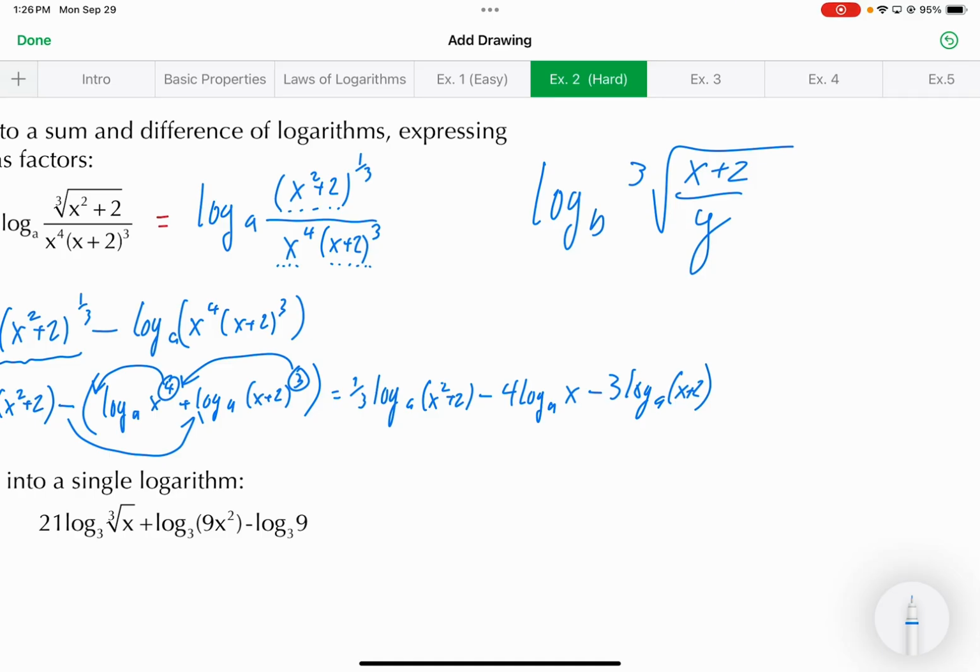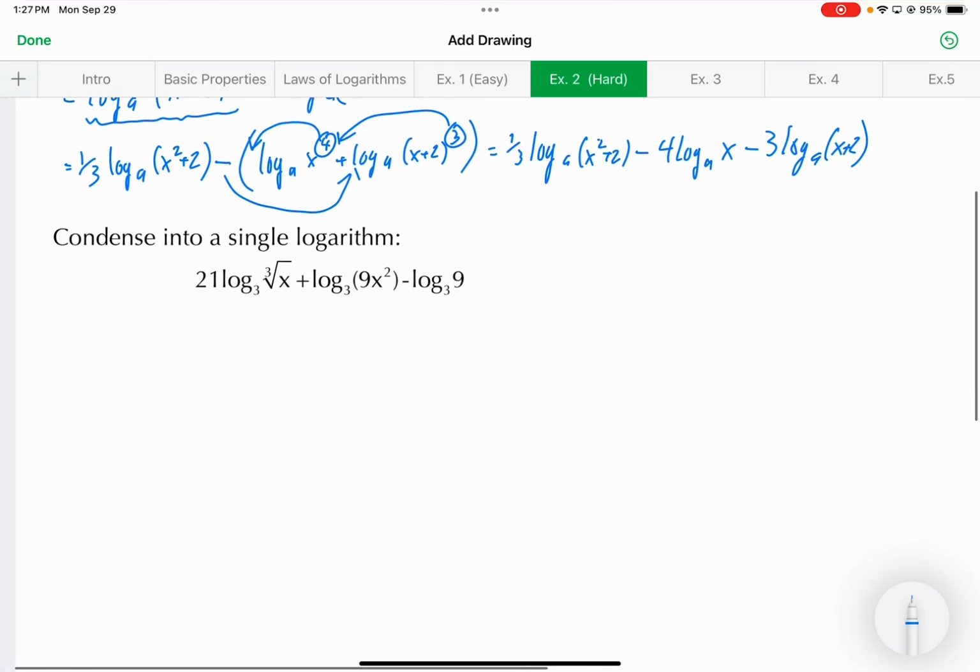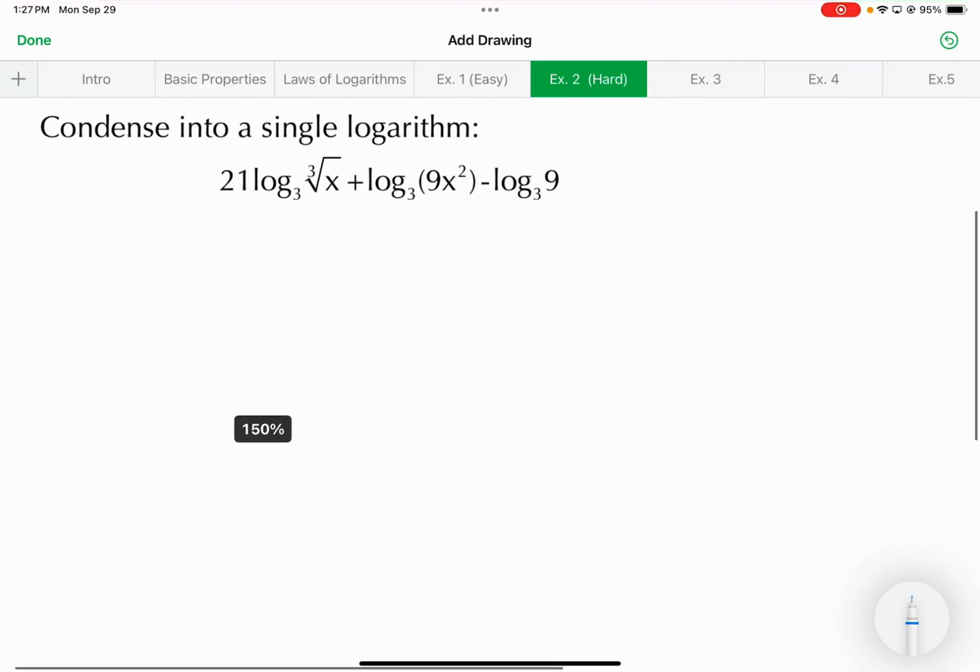Because all of it's raised to the 1/3 power. So in this case, I would pull the 1/3 out in front, and then I'd have 1/3 log base b of this expression, and then you would use quotient to break it up, and each one of them would have a 1/3 in front. Does that make sense? Do we want to see that? You all right? Okay. You guys are eerily quiet today, so I just can't tell.